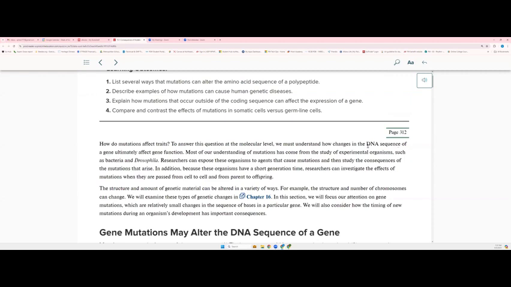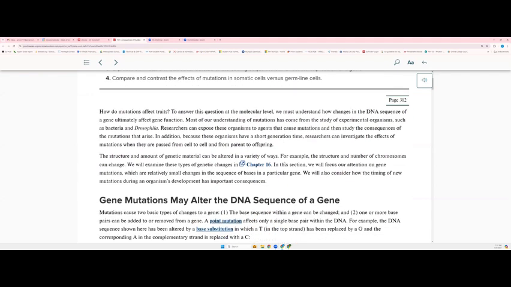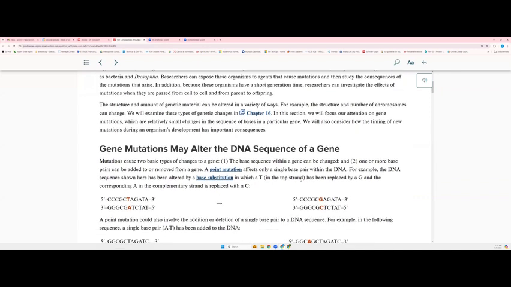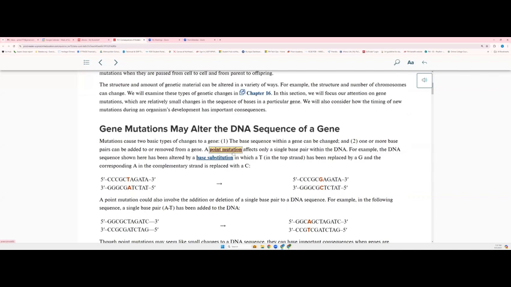Because of the change in the DNA sequence, it will ultimately affect the gene function, for example, gene expression. Then we're gonna introduce the types of mutations which could change the DNA sequence of the gene. The first one is called point mutation.